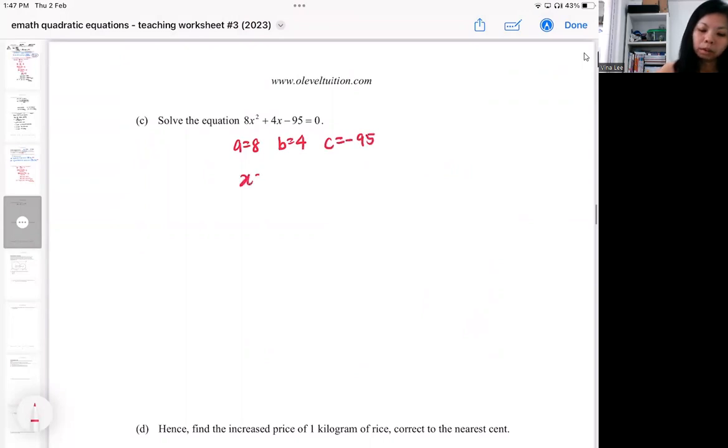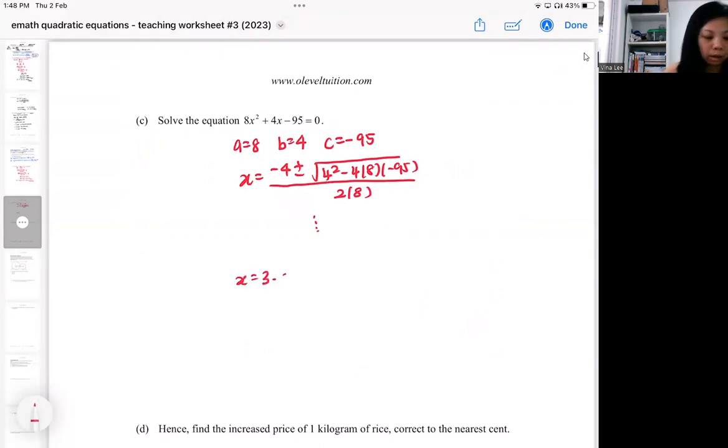So do the solving by inserting in the ABC. So again, you're going to get two answers.